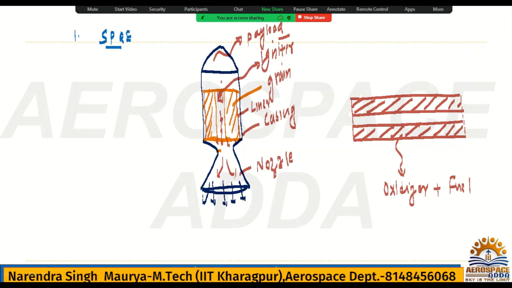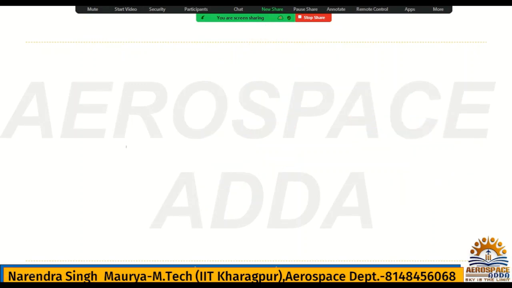Now, similarly, we'll go for the liquid propellant. How will the liquid propellant rocket engine be? I will show the diagrams. It will be easy to understand. Second is LPRE. I will draw the diagram, and with the diagram, you need to imagine how it is and how it is working. Same thing, just as you have seen the HPRE, we have the liquid system.